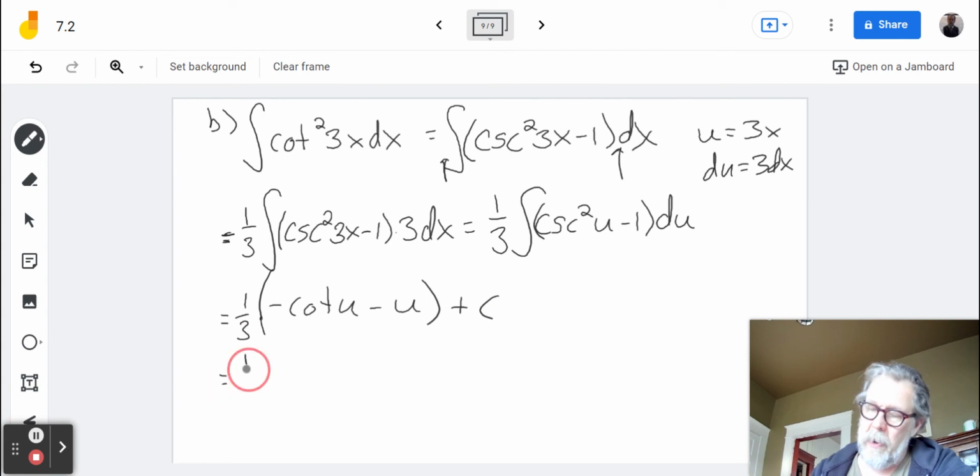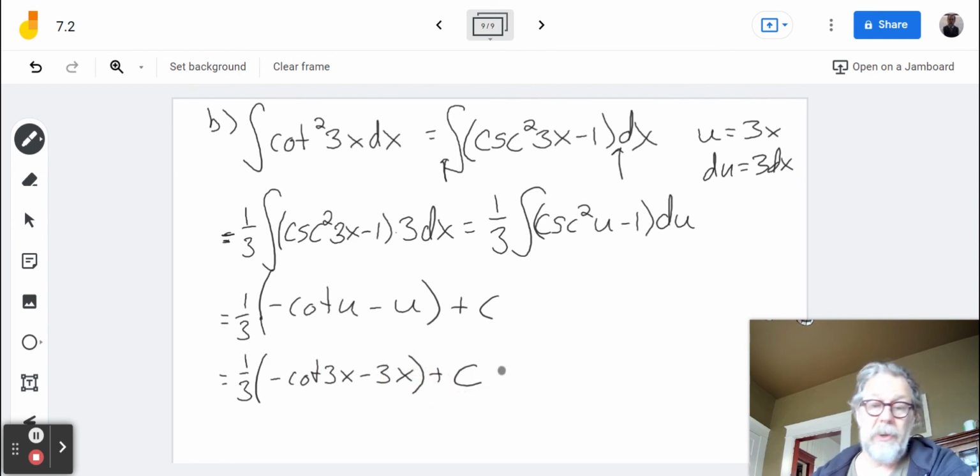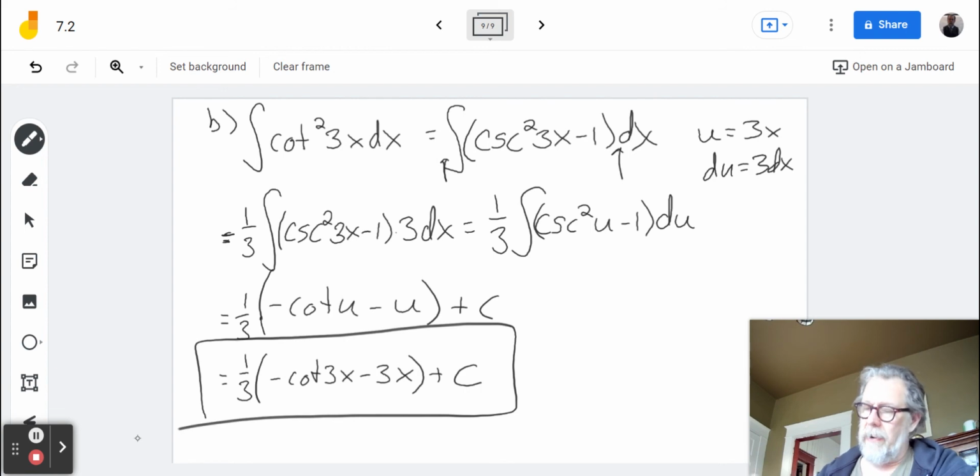And now finally, we're going to go back and plug in: negative cotangent of 3x minus 3x plus a constant. And we now have our integral. I am going really slowly here because, oh, never mind. Nope, we're good. There you go. You can get rid of the parentheses, distribute the 1/3 if you want, but I'm not going to.